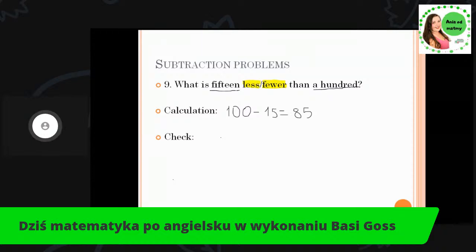So for our check, we're going to use plus, not minus. And the check is 85 plus 15 is 100.